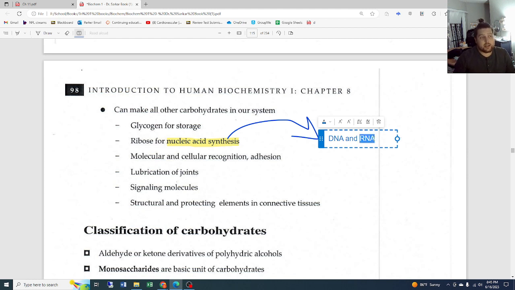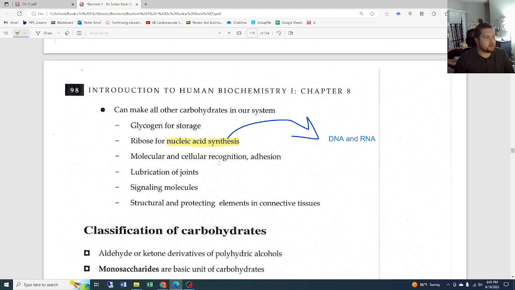And RNA is designed for copying, essentially for copying our DNA in order to make actual proteins and genes and make our DNA actually functional. We'll talk more about that. I'm not sure if in this class or in another class where we'll go deep into DNA and RNA and how that whole process works.